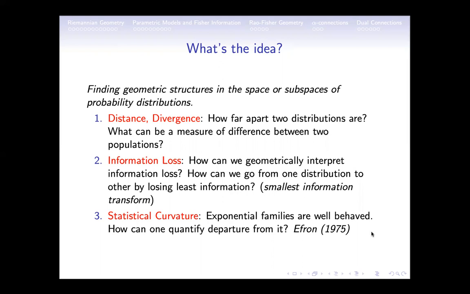The exponential families are well behaved. We have several kinds of formulas and things even for statistical estimation, some special kinds of things which we can say upon exponential families. So he introduced a very geometric notion of statistical curvature, which signifies the departure from exponentiality of a particular distribution.